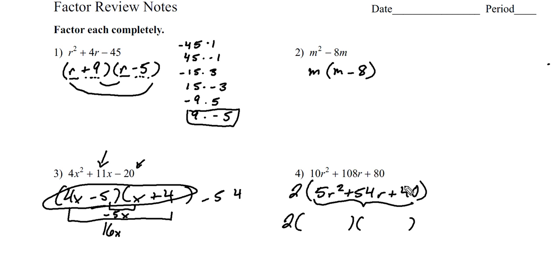So 5 times 40. If you're not familiar with this method, it's just one way that we can find what goes inside here. So obviously one's got to be 5r, the other one's got to be an r. But we could find two numbers that multiply to be 200 and add up to be 54. And you could use your calculator to do that for you.